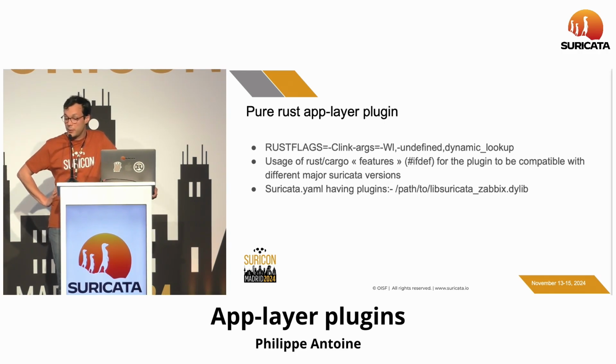One thing that I did not implement yet, but that I foresee for plugin support, is to use Rust so-called features. So they are a bit like ifdef in C, so that the plugin can be compatible with different major Suricata versions, because in different Suricata versions we will have API changes for some functions.